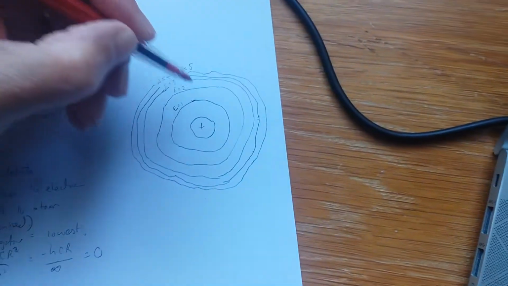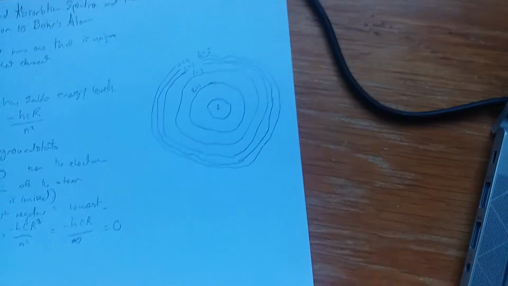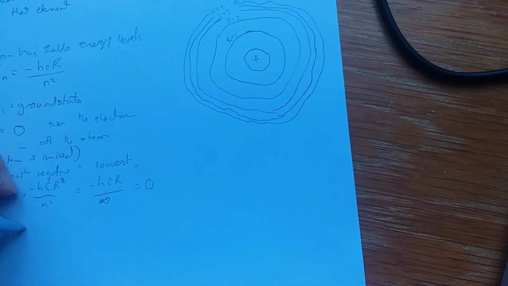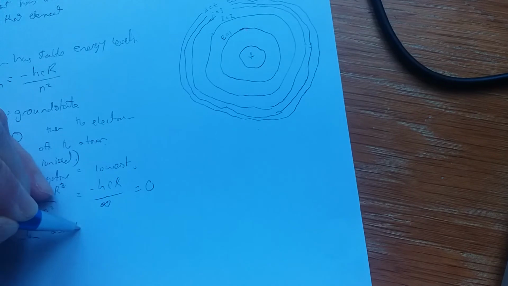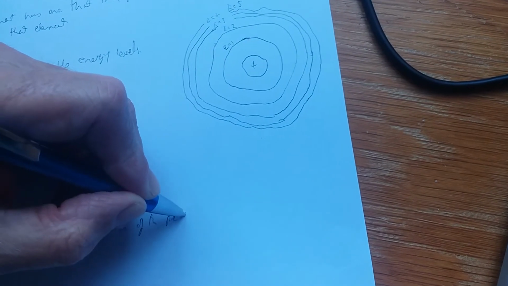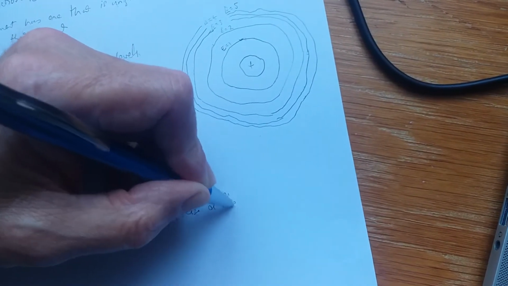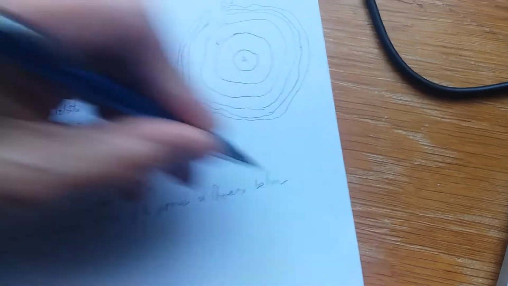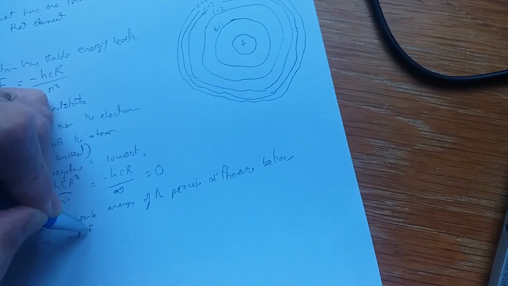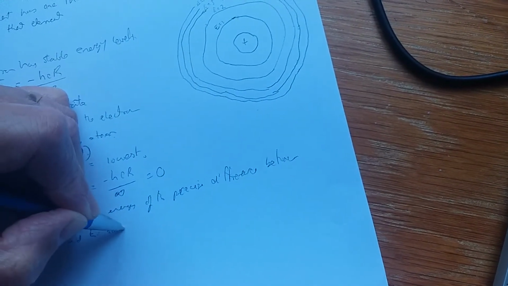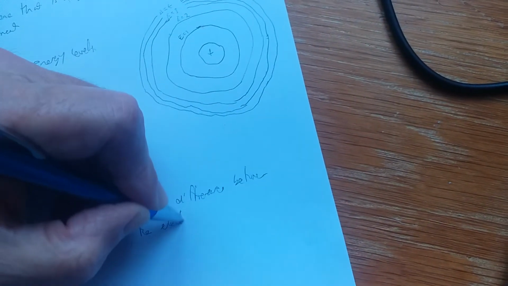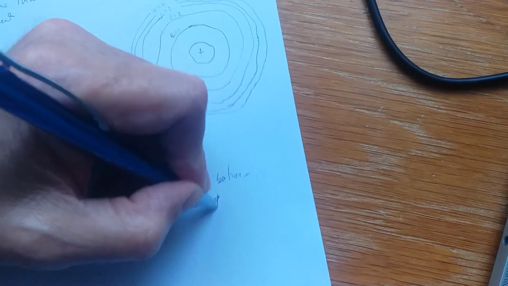Second is that if the atom absorbs energy of the precise difference between E equals n and E equals some other n, the electron will jump there.